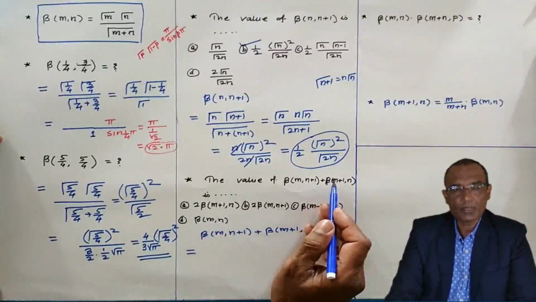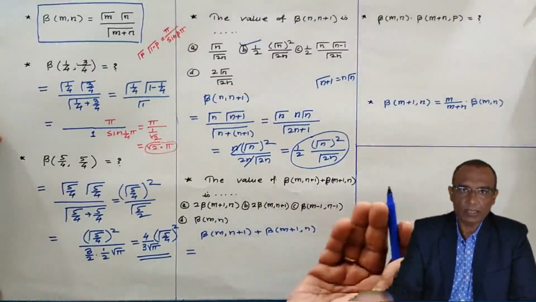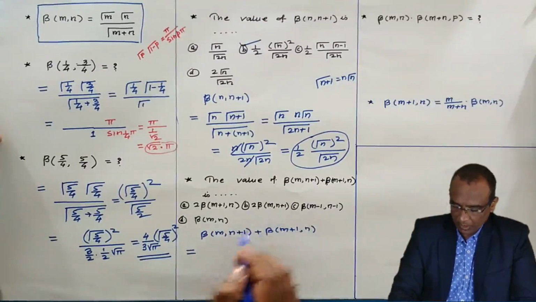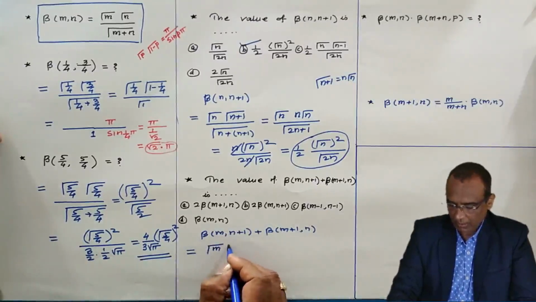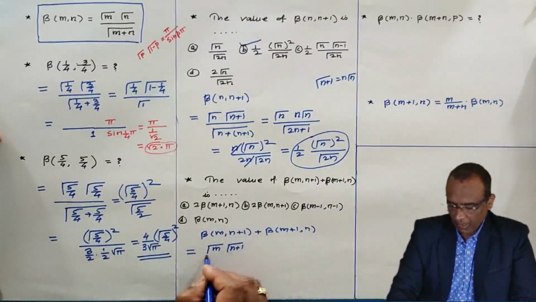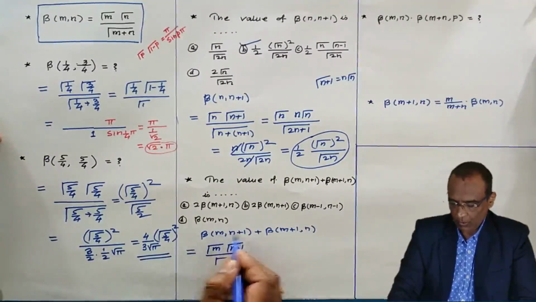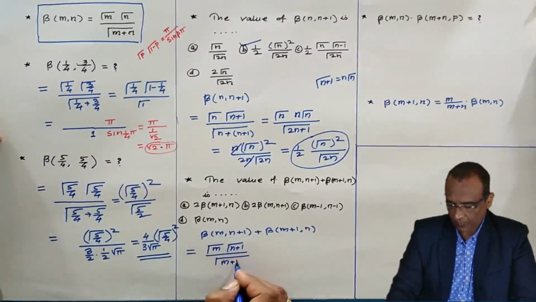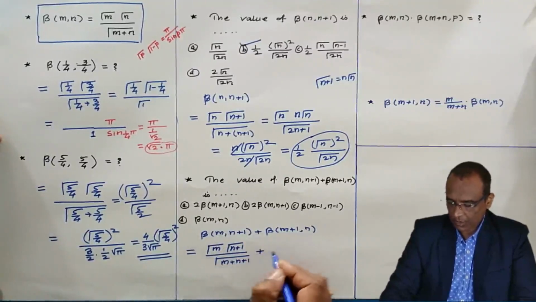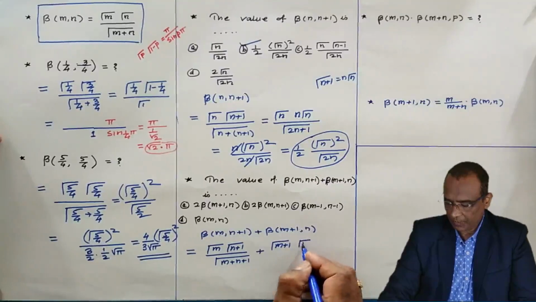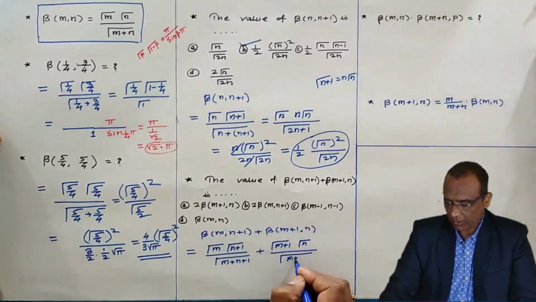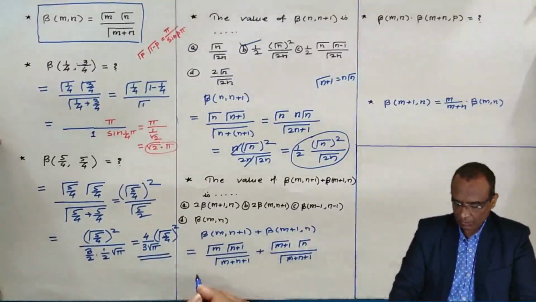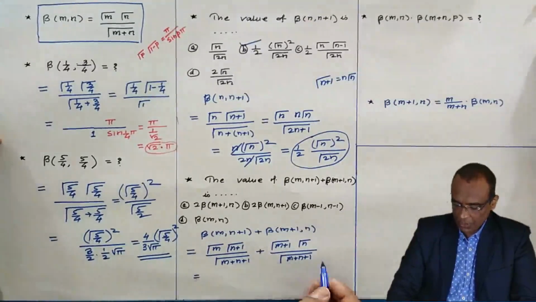How do you merge beta functions? Convert them into gamma functions and then merging is possible. So beta first element, second element is gamma first element, gamma second element, by the addition, m plus n plus 1. Here also the same thing: gamma first element, gamma second element, and the addition of these two is m plus n plus 1.